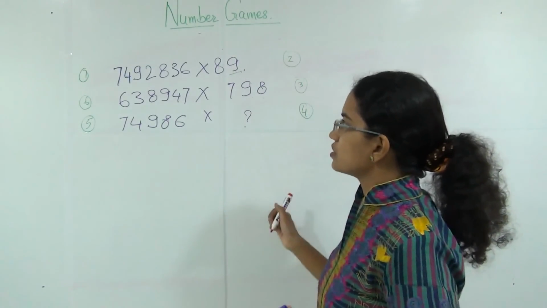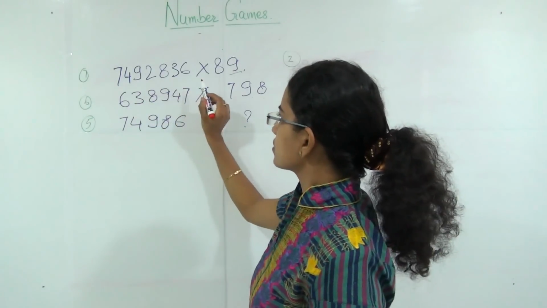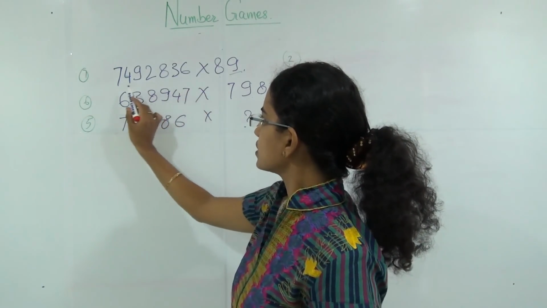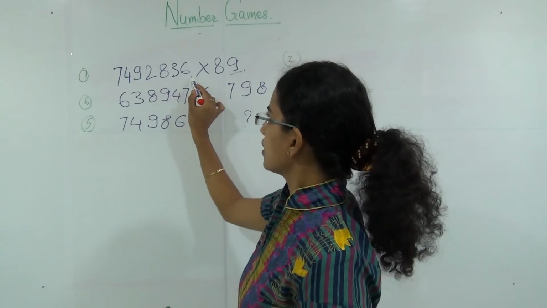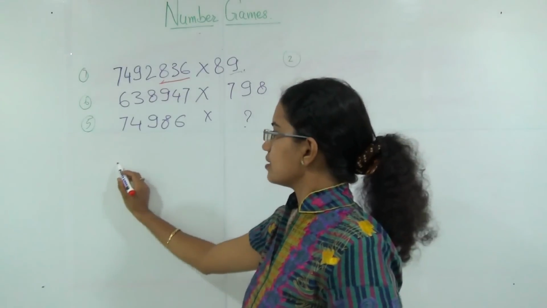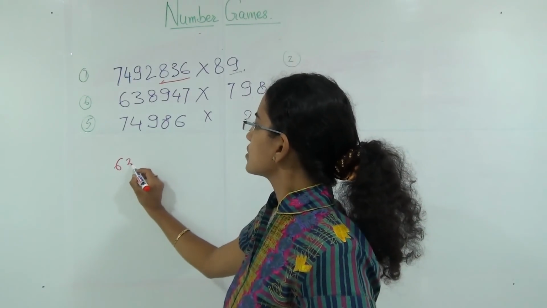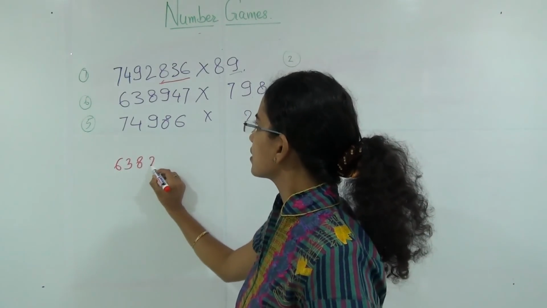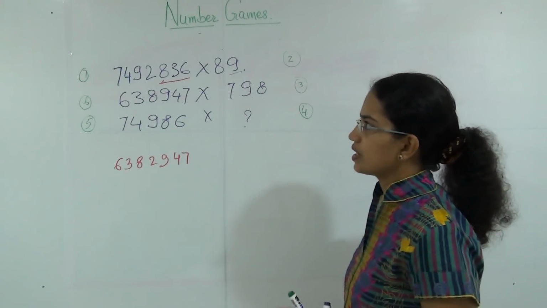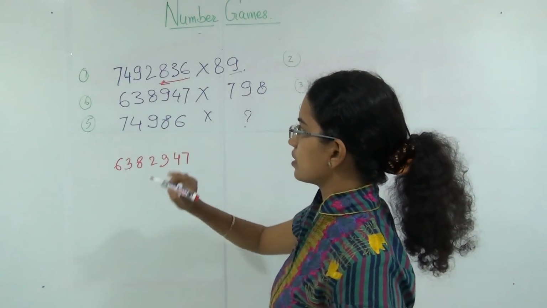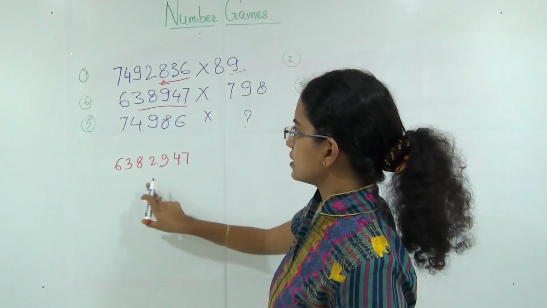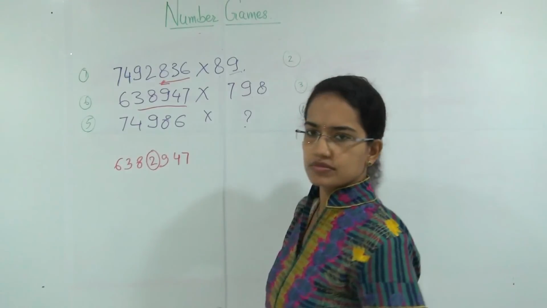Now let's start to solve this question. If I move in reverse fashion, if I move this way and arrange the number, it should be 6, 3, 8, 2, 9, 4, 7, if I move in reverse order. But this number is similar to this except for one digit.